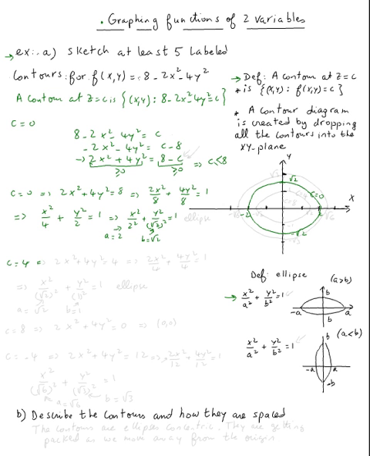Now what about c equals 4? c equals 4 means that 2x squared plus 4y squared is equal to 8 minus 4, plugging 4 here, which is 4. Now divide by 4. 2x squared over 4 plus 4y squared over 4 equals 1.